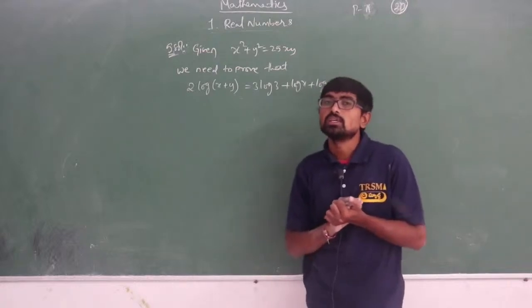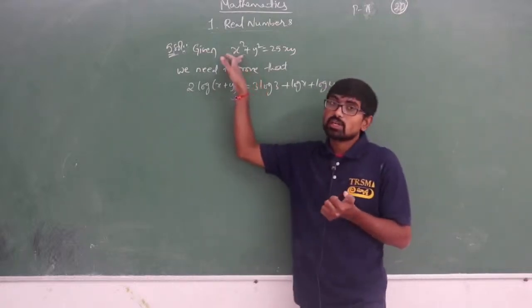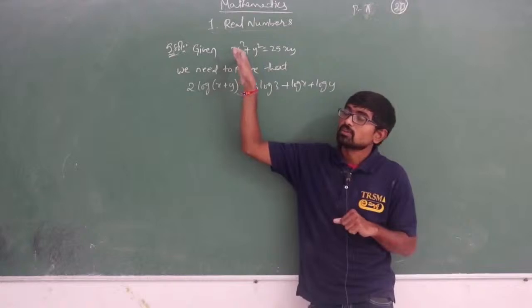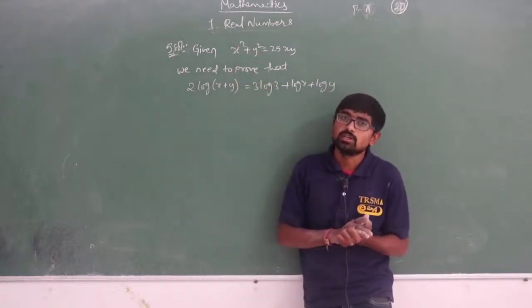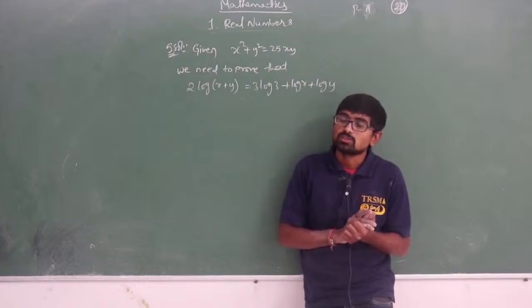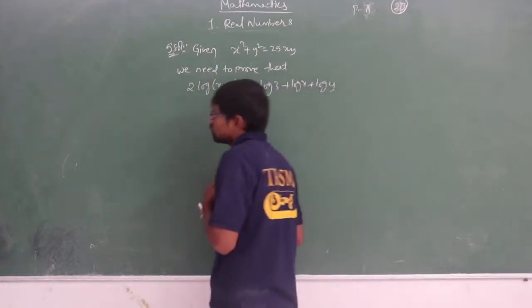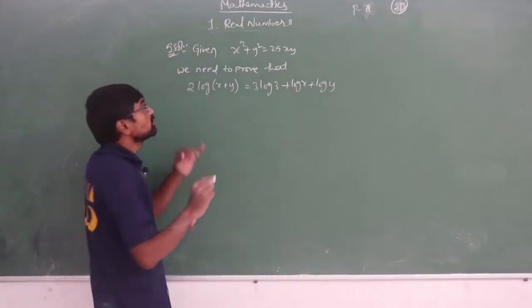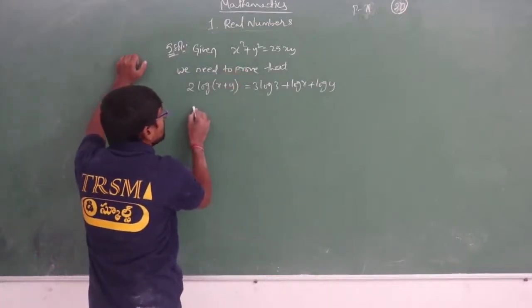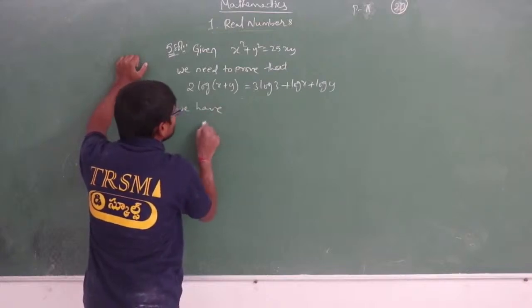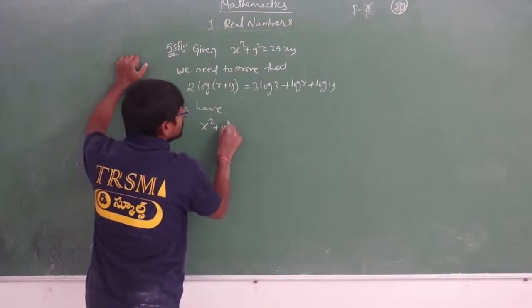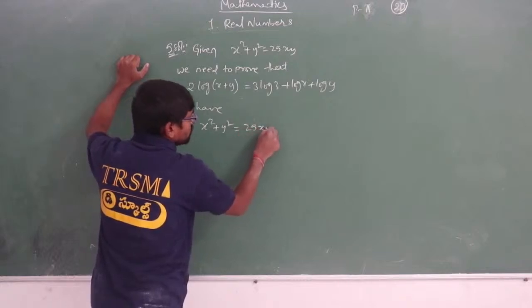Understood? What has he given in the question? He has given an exponential form equation. That exponential form equation we need to convert into logarithmic form, isn't it? So now what will he do? First, from what he has given, we have x square plus y square is equal to 25xy.